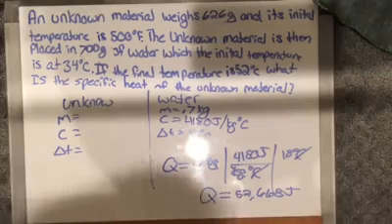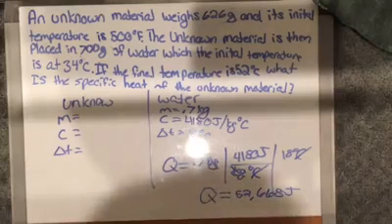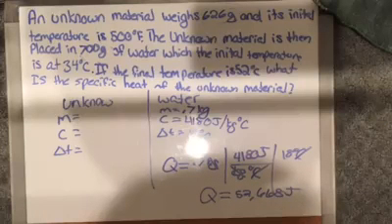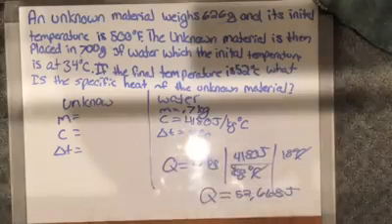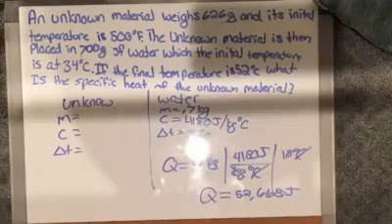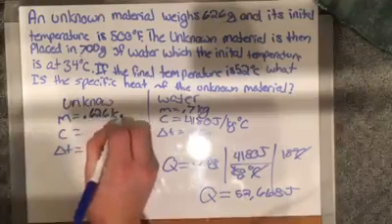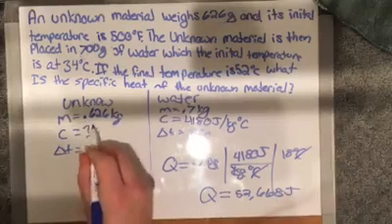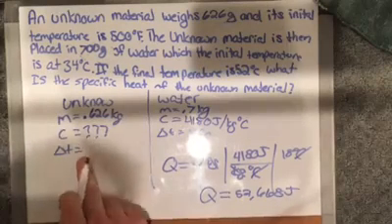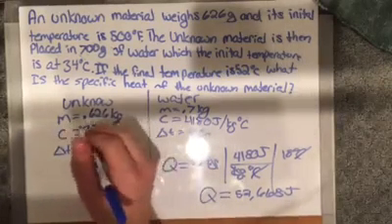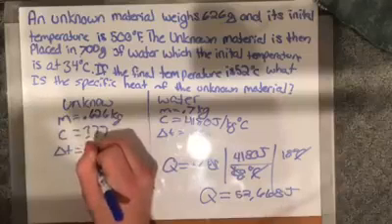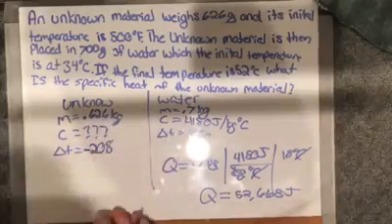Now that that's done, we will be able to find C equals Q over M delta T. For the unknown material, we know the initial mass is 0.626 kilograms. We don't know our specific heat, that's what we're finding. And the delta T we know is going to be negative 208.